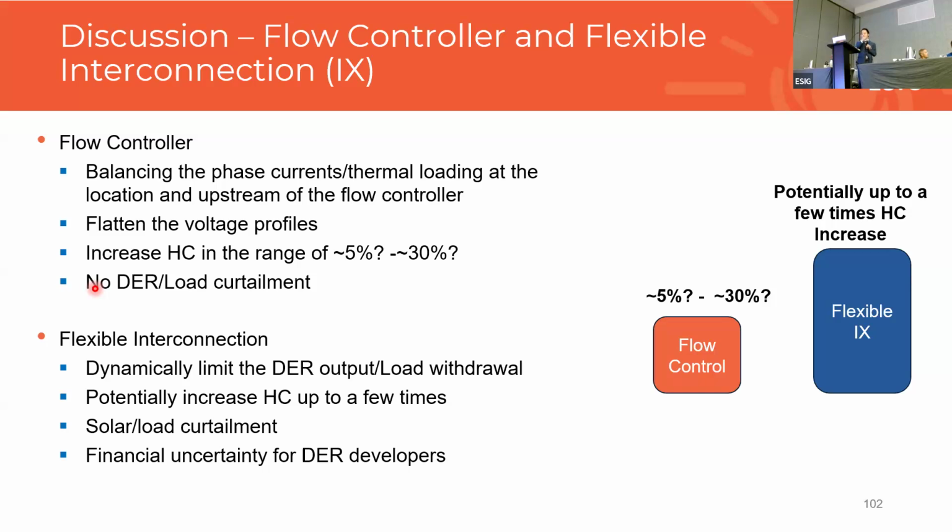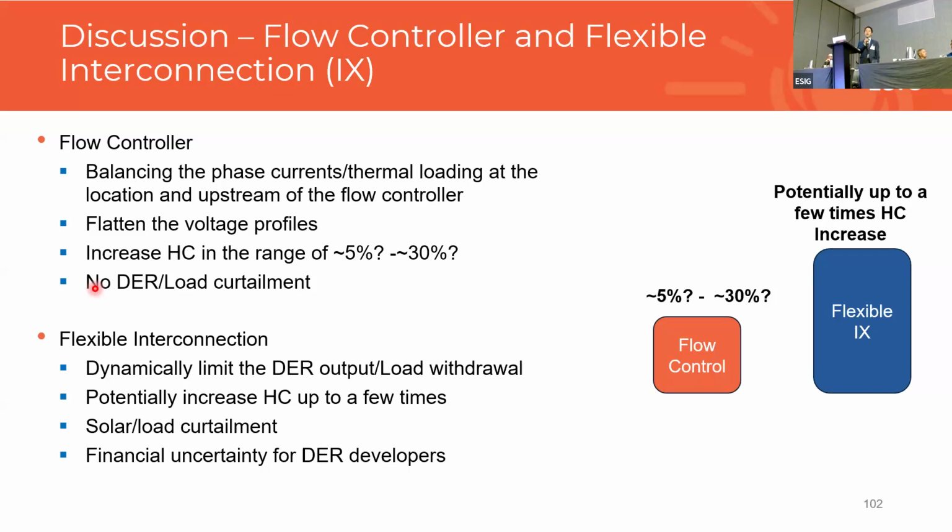On the upside, for the flat interconnections, they will dynamically limit the DER output or load withdrawn, and potentially can increase the hosting capacity by a few times, depending on how much curtailment you can accept. As I talked about in the example, Avangrid did a demonstration project.